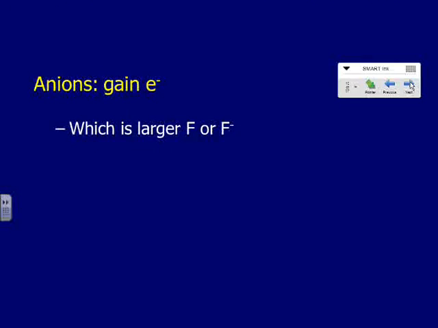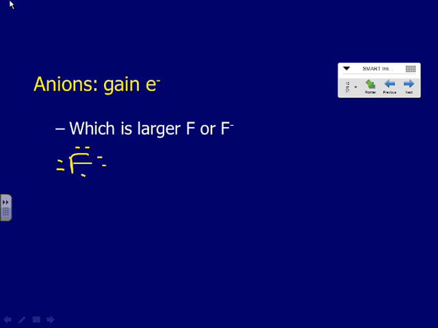Okay, let's take a look at the anions. Which is larger, fluorine or fluoride? Now, let's think this through. Fluorine. How many electrons around it? 7. 1, 2, 3, 4, 5, 6, 7.